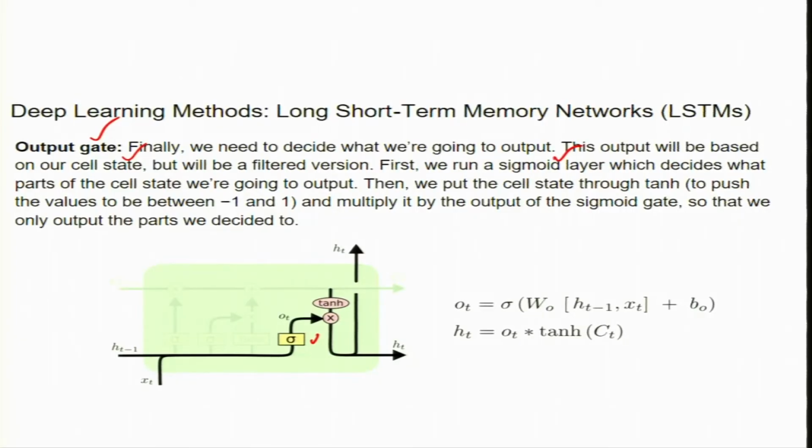Then we put the cell state through tanh to push the values between -1 and 1, whereas sigmoid is between 0 and 1.